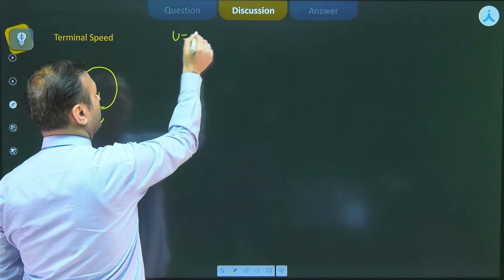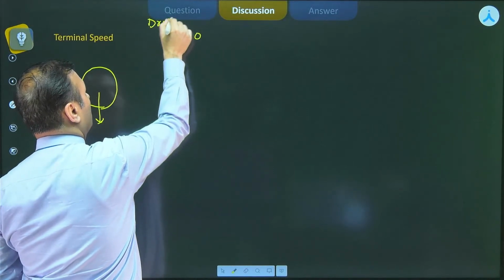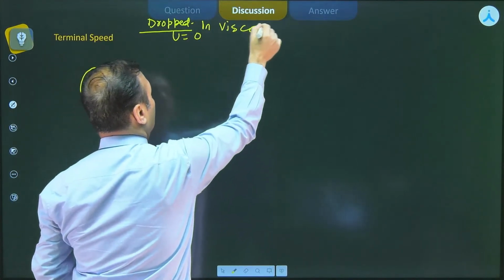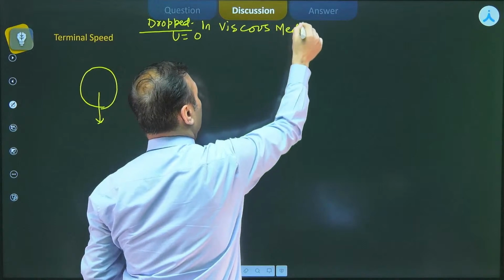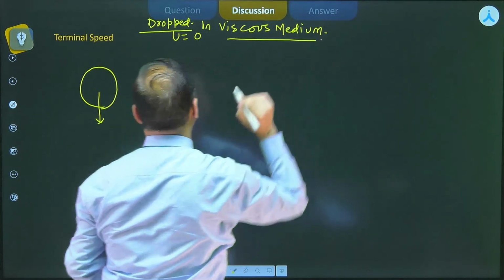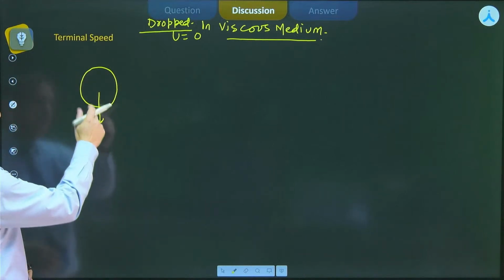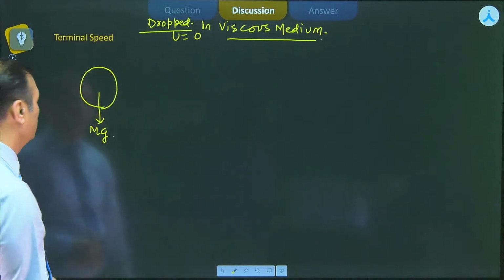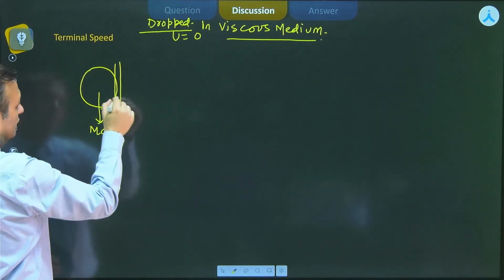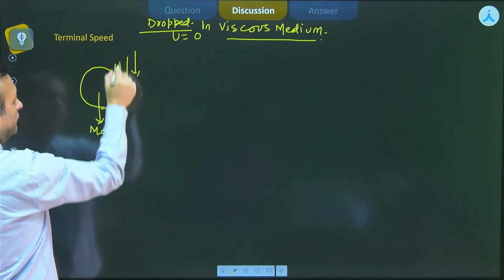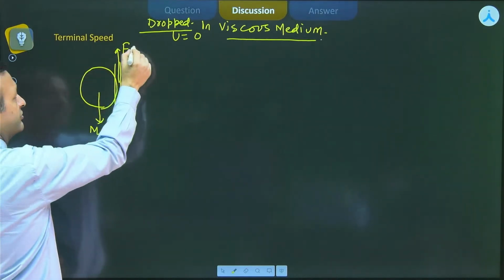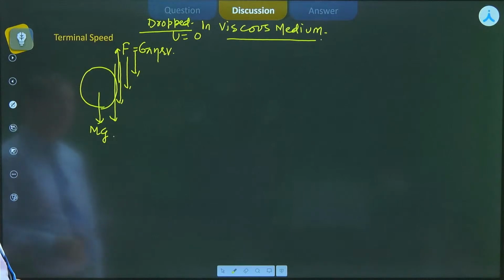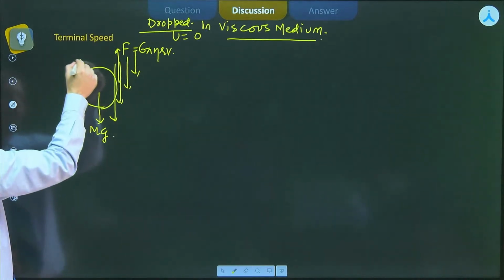So if a body is dropped in a viscous medium, its speed keeps on increasing because its weight is pulling it down, and the layers of the liquid also come into play. So we have a viscous drag. This viscous drag as per Stokes' law is 6 pi eta r v. Because this is a medium, upthrust would be there.